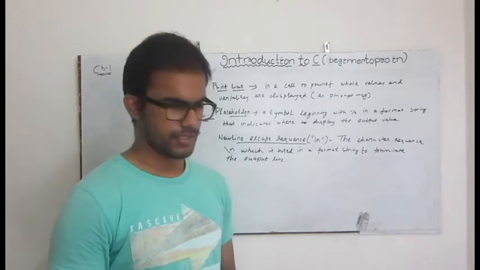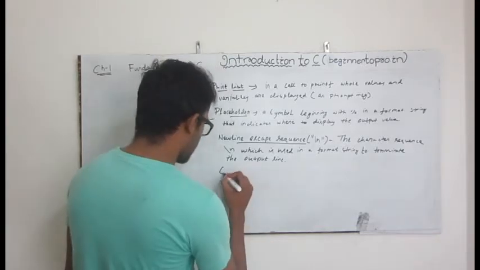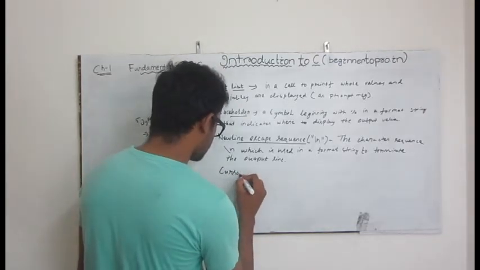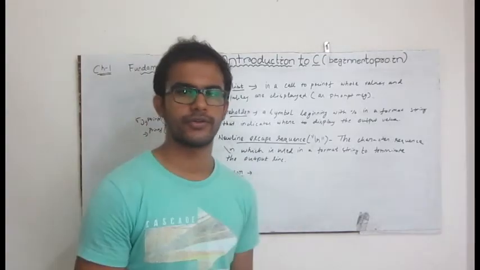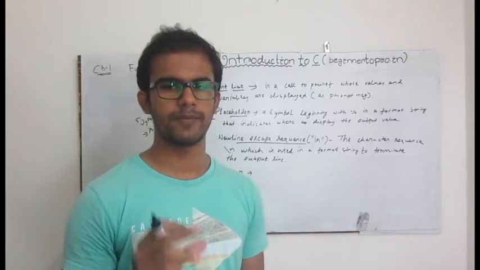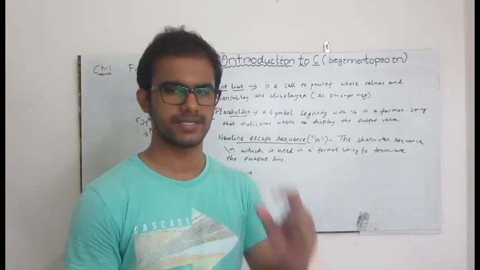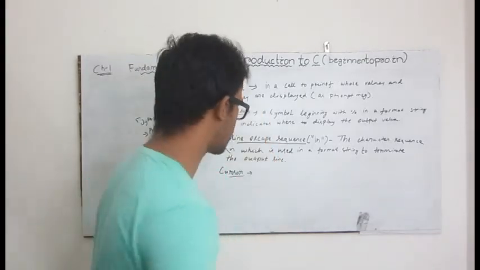That's all. Our next point will be cursor. You might know about this, but we need to know it theoretically. Cursor: a moving place marker that indicates the next position on the screen.